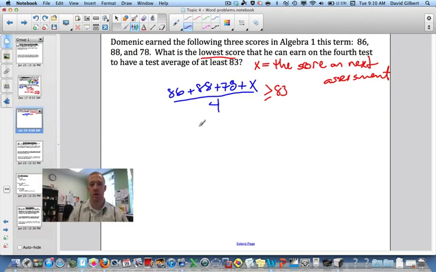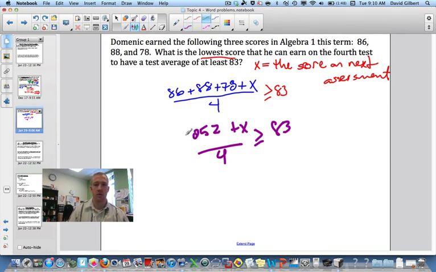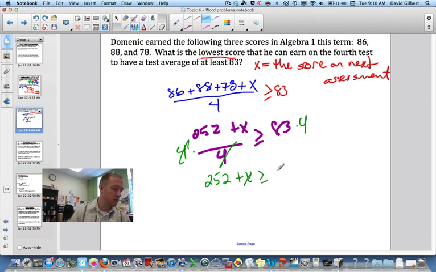So we add these up, and that gives us 252 plus x over 4 is greater than or equal to 83. So multiply both sides by 4. So that cancels the 4 in the denominator here, and that gives us 252 plus x is greater than or equal to 332.